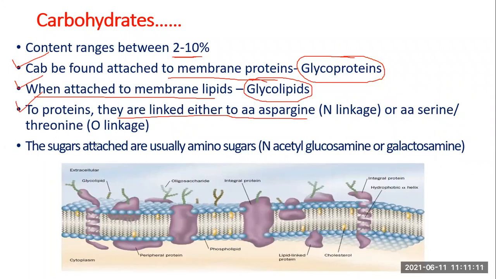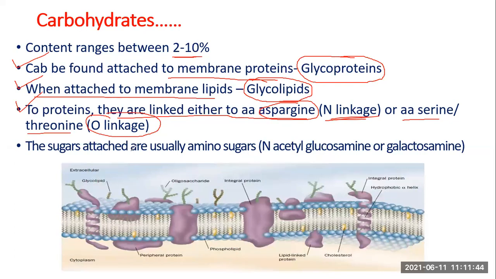So there is a well-defined structure. Whenever carbohydrates are attached to protein, there are two sites where they are normally attached. They are well-defined sites. They are attached either to amino acid asparagine by an N-glycosidic bond, or they can be attached to amino acid serine or threonine, and that is called an O linkage.